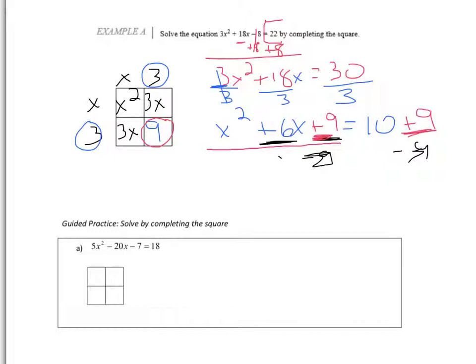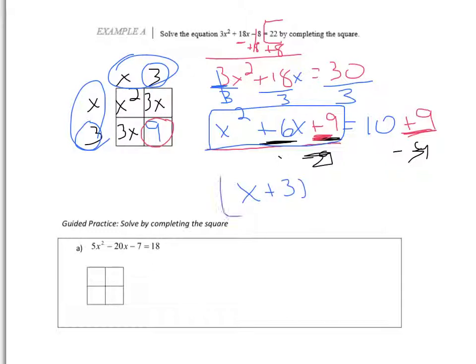So if I'm looking at the perfect square piece, this side now becomes x plus 3 times x plus 3, which is a perfect square. And that equals 10 plus 9, which is 19. And now it looks like we did before.